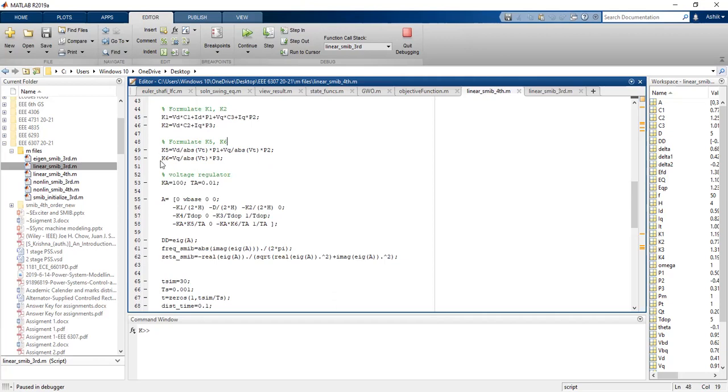This was K5, the coefficient of delta delta, and K6 was the coefficient of delta EQ prime. That was VQ0 divided by VT0 multiplied by P3, where P1, P2, and P3 were like this.